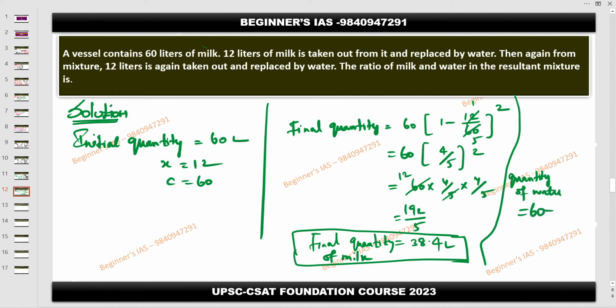This method is an easy method, you can do it in a fast manner. So 21.6. Therefore the ratio of the milk and the water is 38.4 is to 21.6. You can go with a table also, if any table you want.